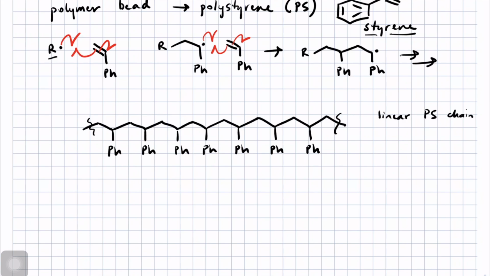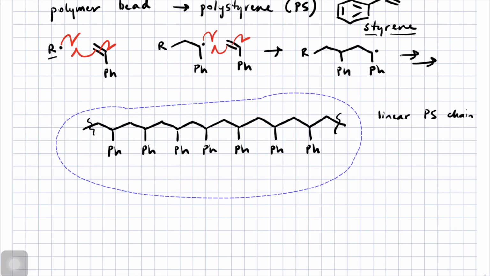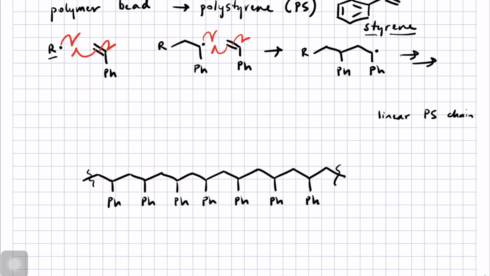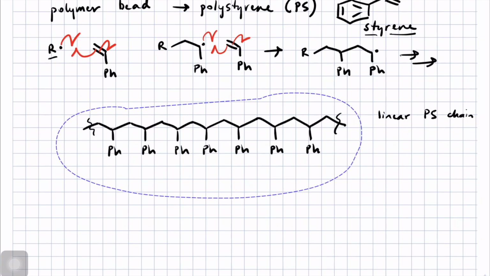And over the course of the reaction, sometimes a radical will abstract a hydrogen atom from one of these benzylic carbons, and you'll get a second benzylic radical, and then you can start polymerization off one of those benzylic carbons again.